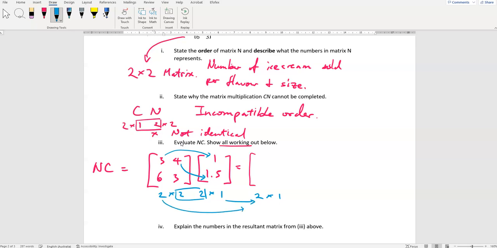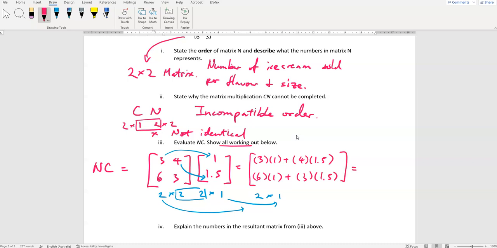You get a 2 and a 1. Alright? And let me finish writing this down. So we'll have 3 times 1 plus 4 times 1.5. And then I'll have a 6. Again, now second row. So this one here, bottom row, second row. 6 times 1 plus 3 times 1.5.